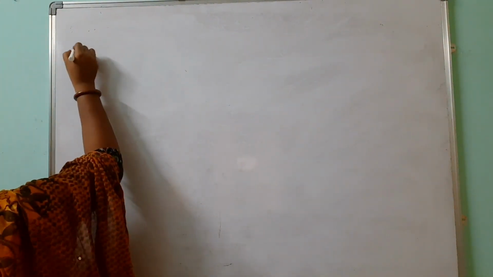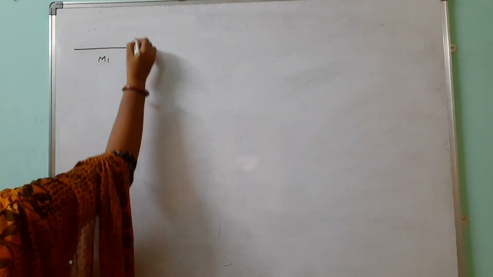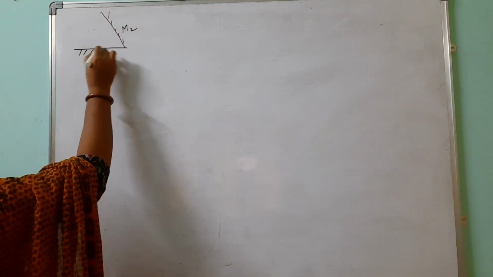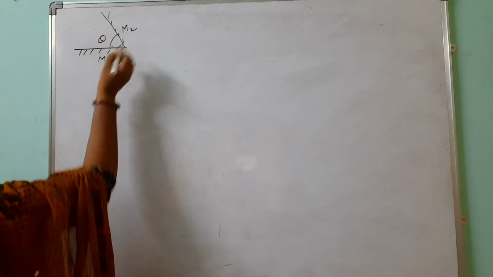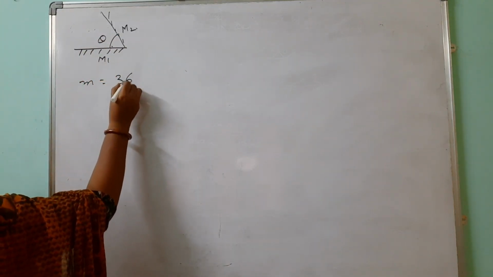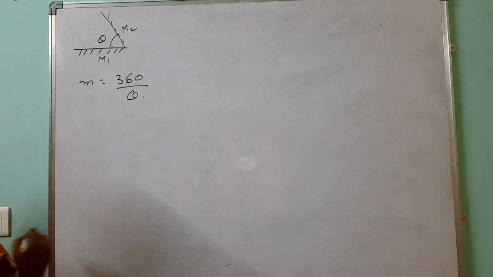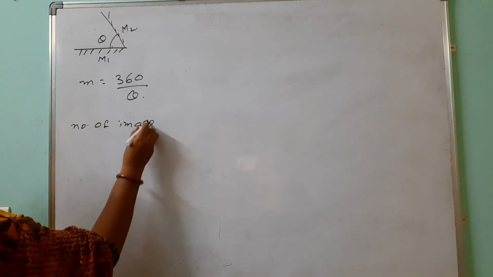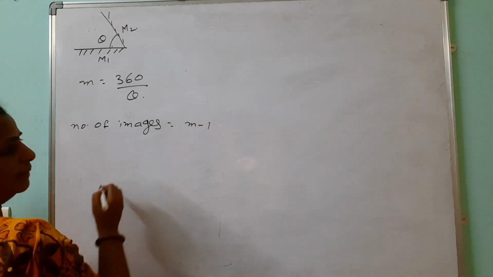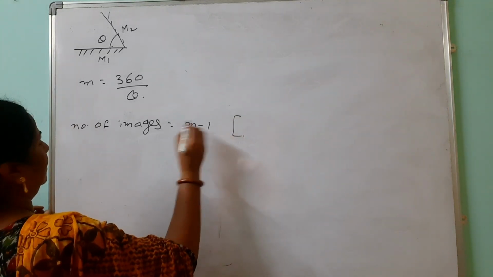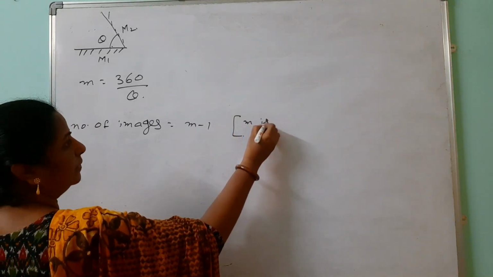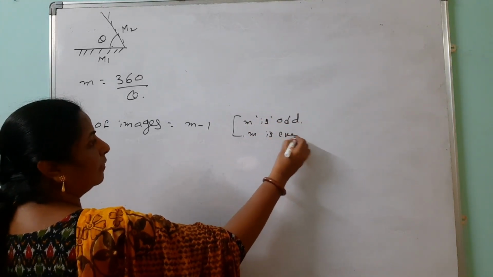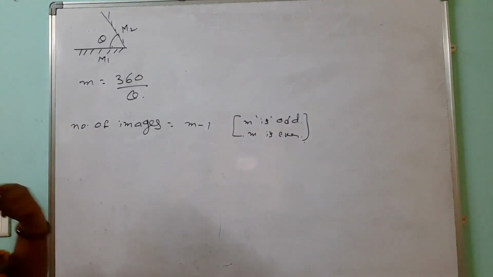Look here, this is the mirror M1 and this is the mirror M2. How much angle is here? Theta. Here M equals 360 by theta. The number of images equals M minus 1, whether M is odd or even.